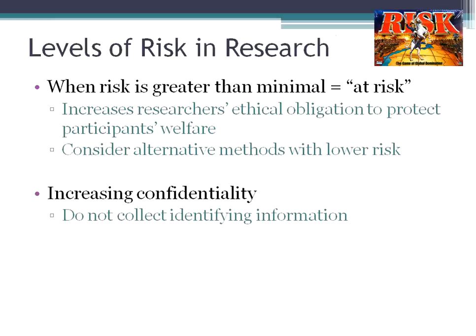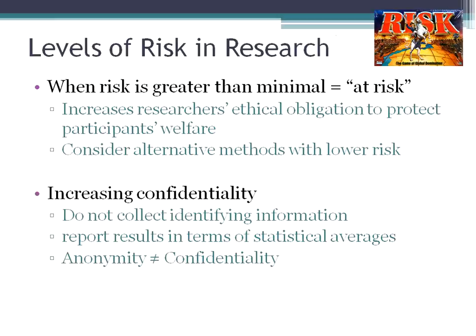Well, if you don't collect any identifying information, then the risk that that information could get connected with their identity is decreased pretty substantially. And again, when we report this, we can increase confidentiality by not actually reporting individual level data, right? We talk about averages and frequencies, these kinds of things.